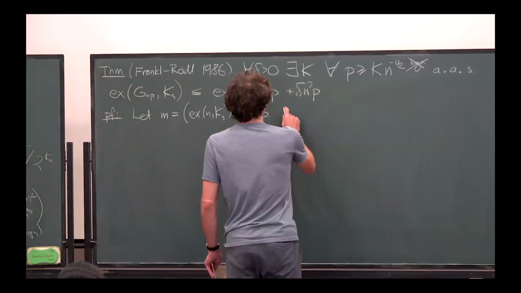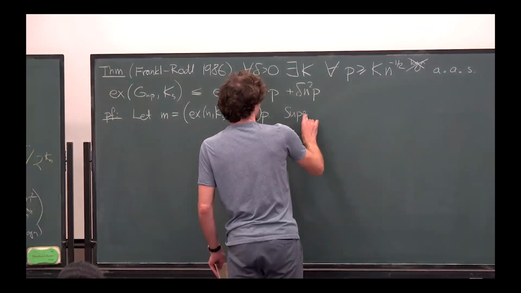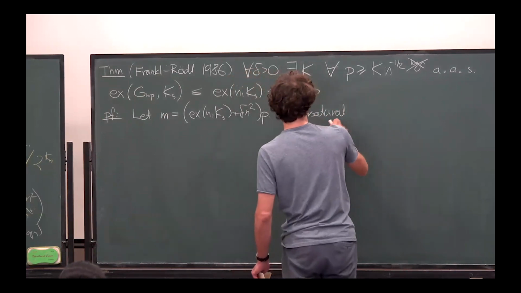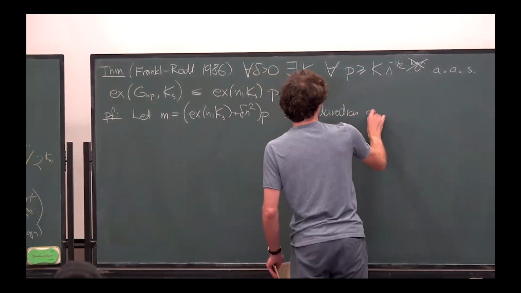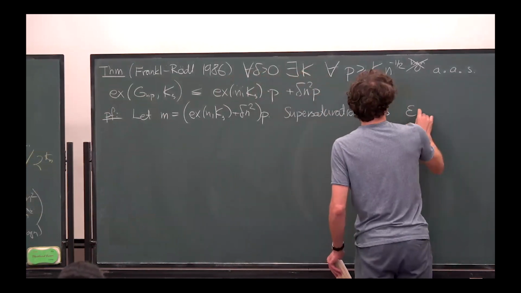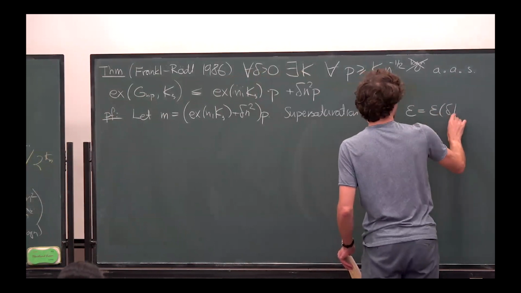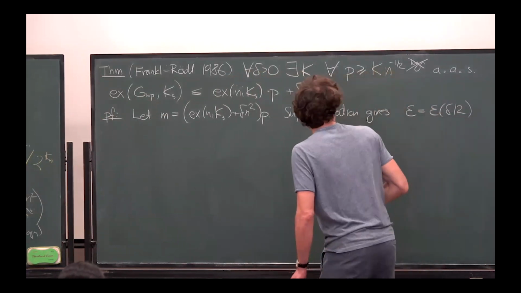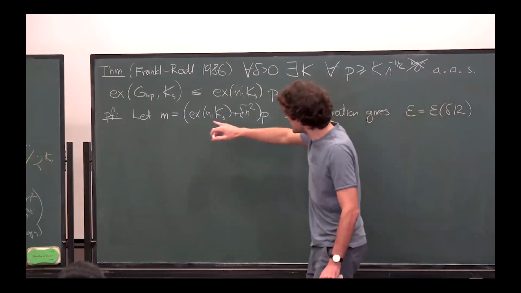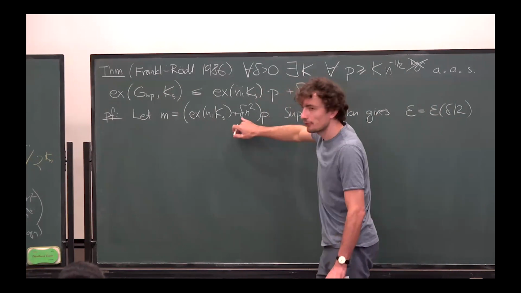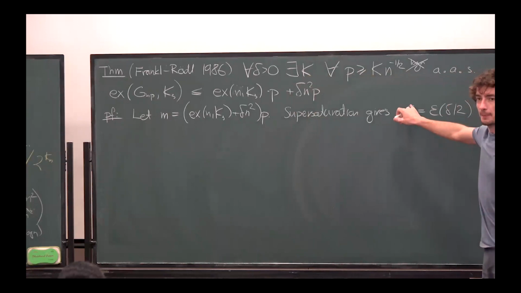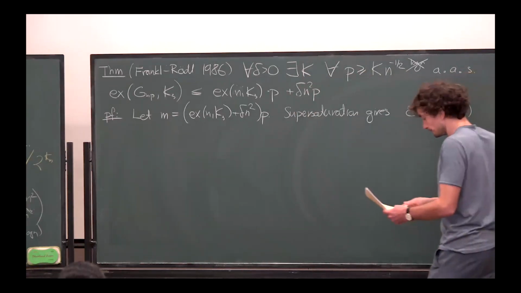Now we'll still use a similar approach, so we'll use the supersaturation theorem. Supersaturation gives us an epsilon, which depends on delta. The supersaturation theorem says that any dense graph with this many edges, where I replace delta with delta over 2, must have at least epsilon n cubed triangles.